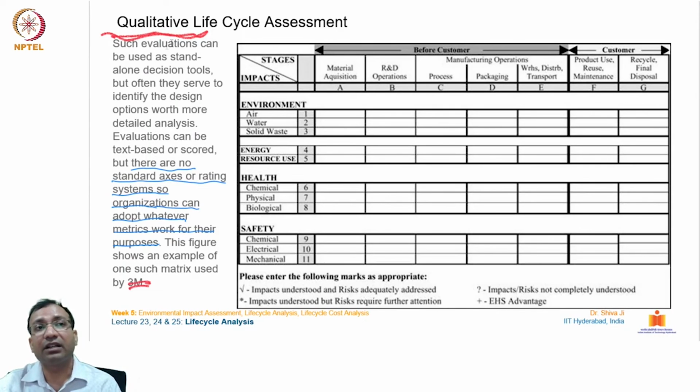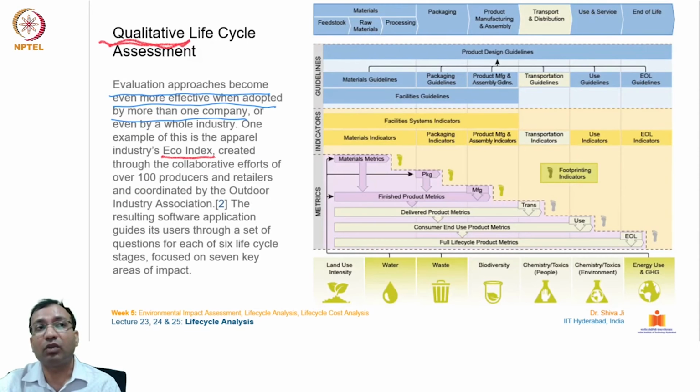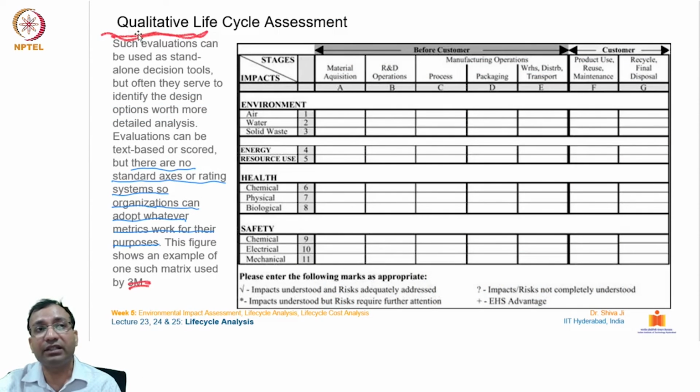Based on this, some qualitative life cycle assessments and some quantitative life cycle assessments are also made. So we see over here this qualitative life cycle assessment analogy. If you see, there is no standard rating system, so organizations can adopt whatever metrics work for their purpose.